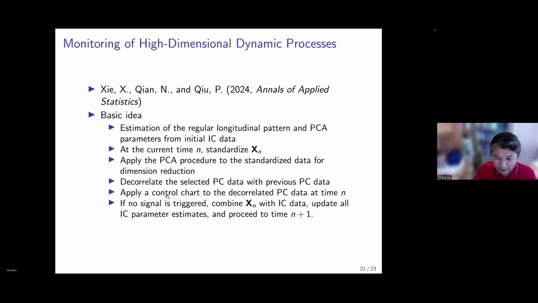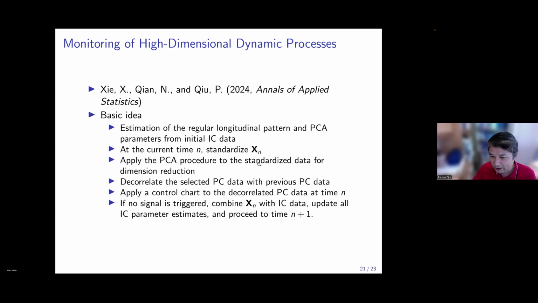And then we apply a control chart to the decorrelated PC data. If no signal is triggered, then we combine the current observation with the in-control data, update all parameters, in-control parameter estimates, PCA parameters, everything, and then proceed to the next time. If there's a signal, we give a signal and make the post-signal diagnosis.